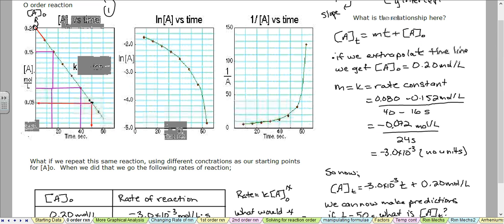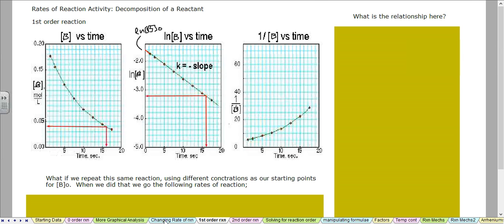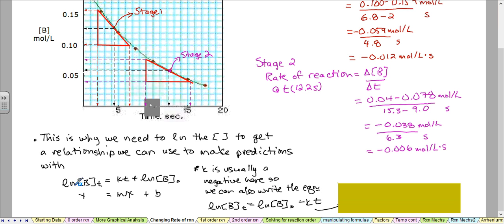When we flip to here, we see the same thing. All we've done is put this little math tool out in front, and that's all I want you to think about the ln right now. It's just a little math tool. It's going to help us redefine a relationship.